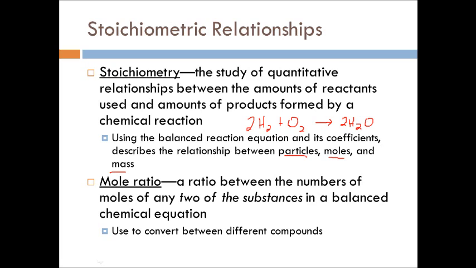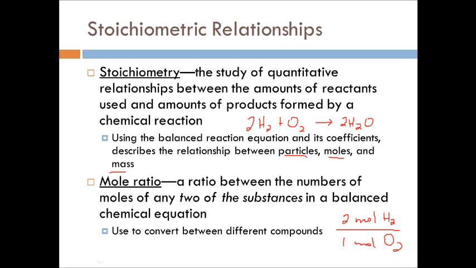Now, also using these coefficients, we get something known as a mole ratio. So if we have this equation up here again with the hydrogen and oxygen going to water, one mole ratio fraction could be 2 moles of H2 to 1 mole of O2. Basically, it's relating the different compounds to one another using the coefficients.